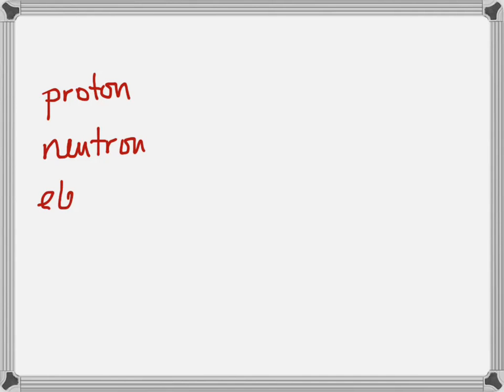I thought there was a slide on it, but there's not. So protons and neutron and electron. And we typically abbreviate proton as a P, neutron as an N, and electron as an E with a superscript minus.